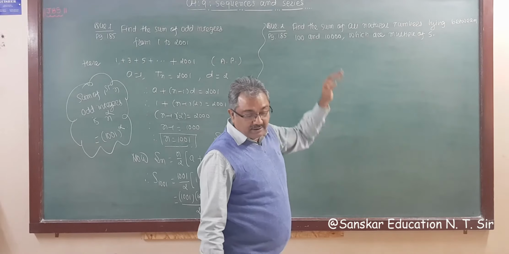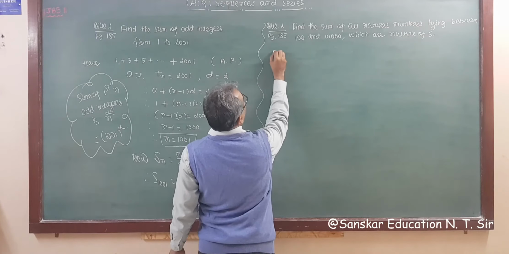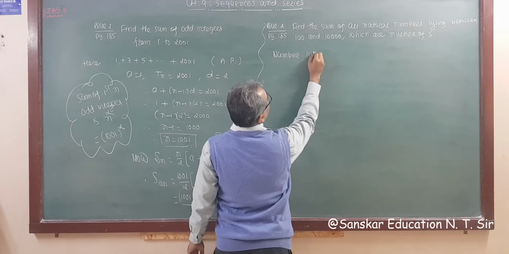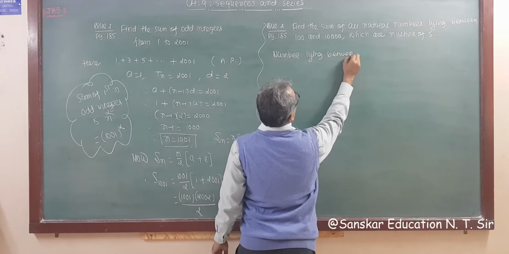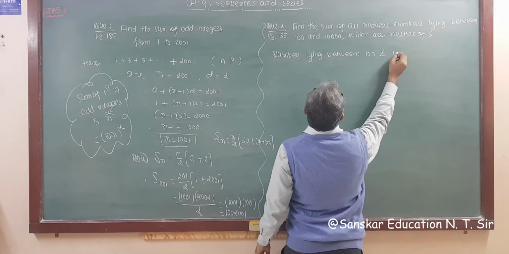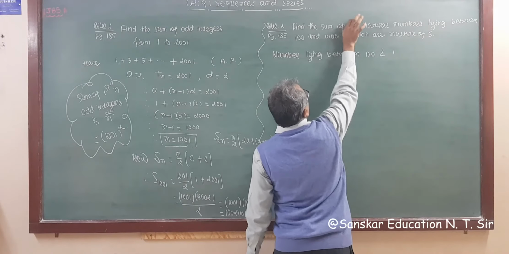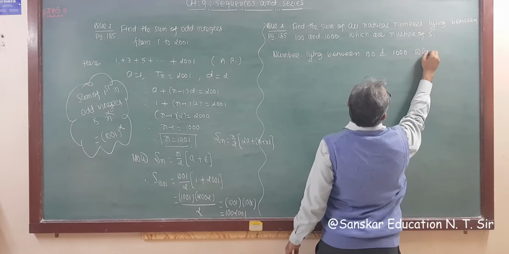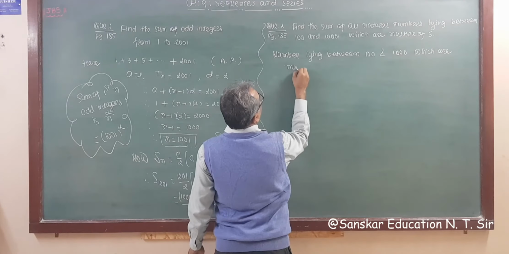So the numbers lying between 100 and 10,000, or 1,000 is given, I think it is 1,000 given, 100 and 1,000, which are multiples of 5.